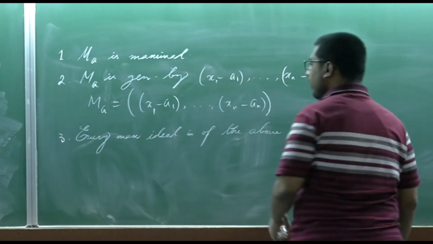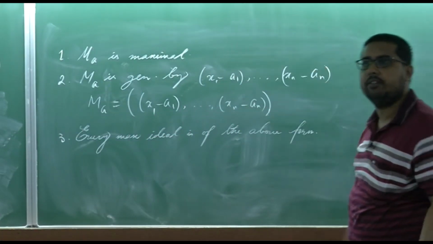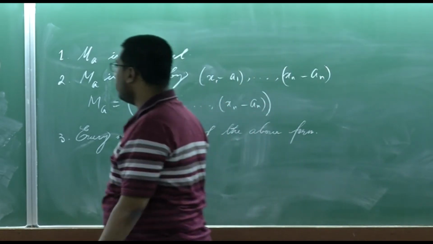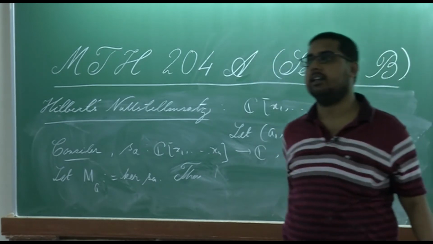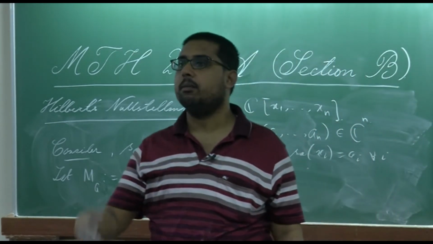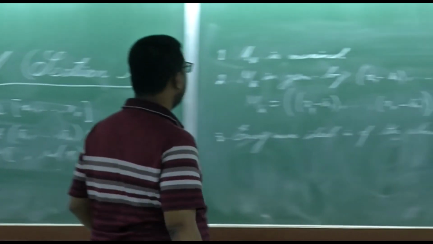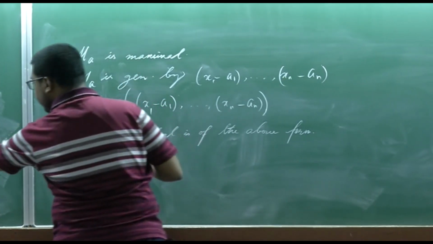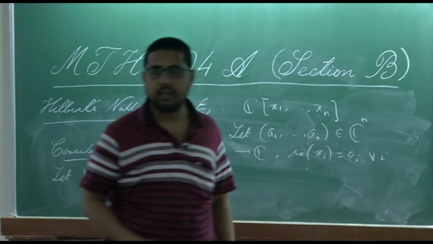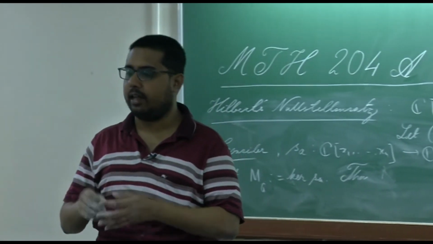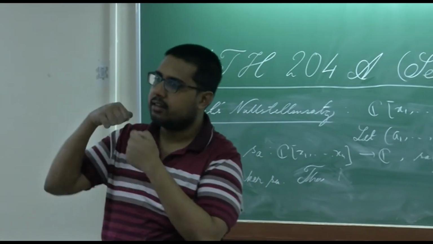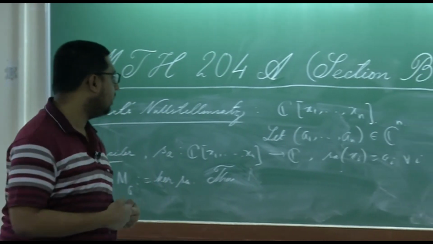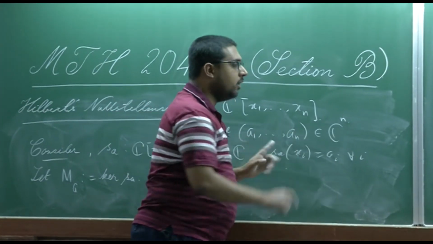This shows that, like we have seen for the single variable polynomial ring, the maximal ideals of the polynomial ring in n variables are in bijective correspondence with the points of C^n. Corresponding to every point we have a maximal ideal, and any maximal ideal is given uniquely by such a point.